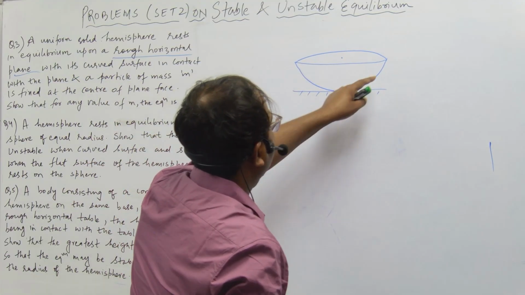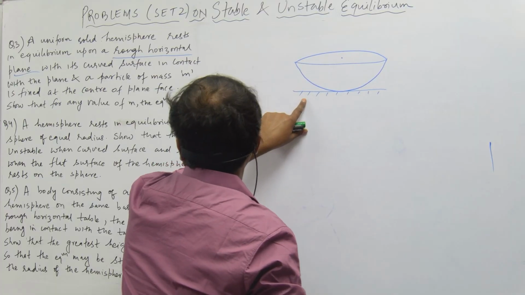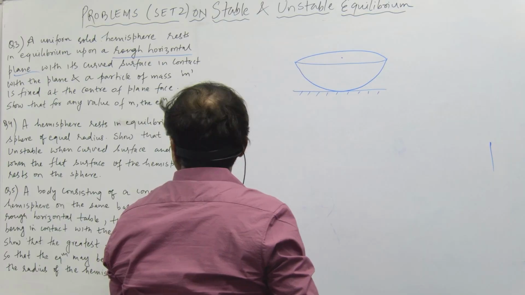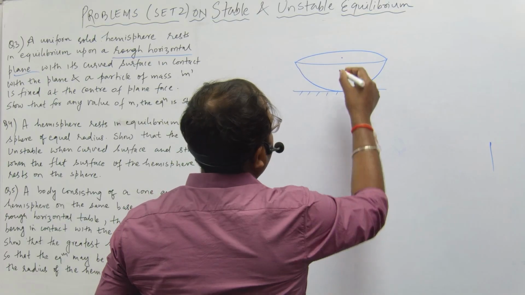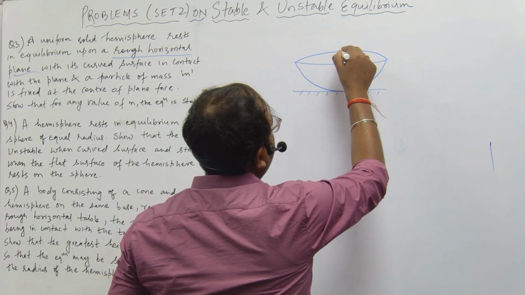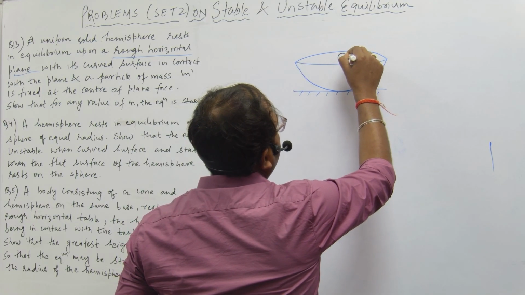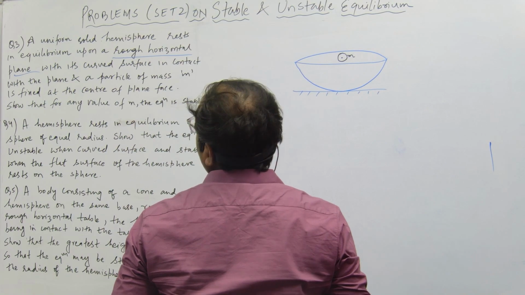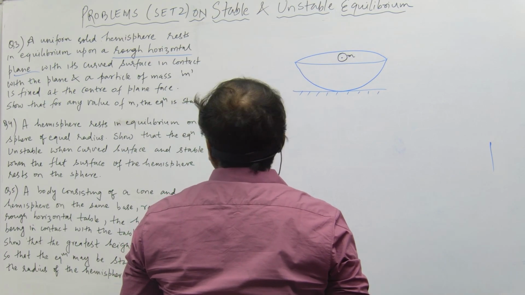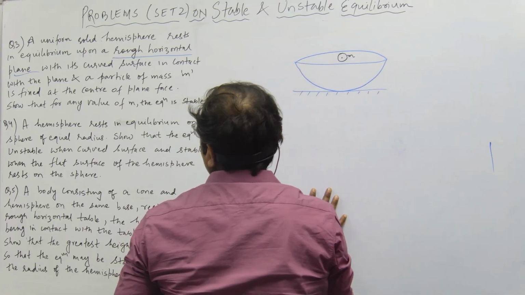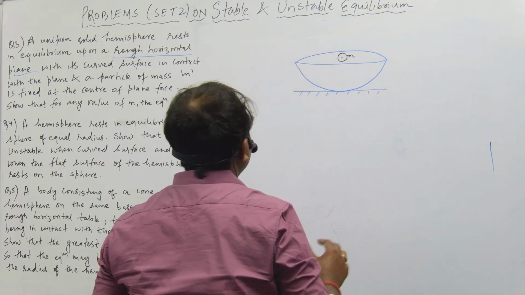So this is the curved surface, in contact with the plane, and a particle of mass small m is fixed at the center of the plane face. So this is the center of the plane face, and there is a particle of mass m fixed there. Show that for any value of m the equilibrium is stable.